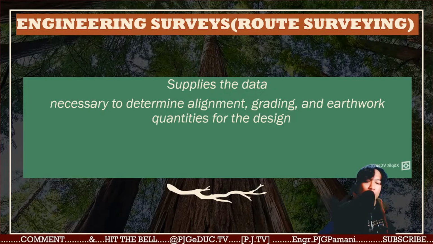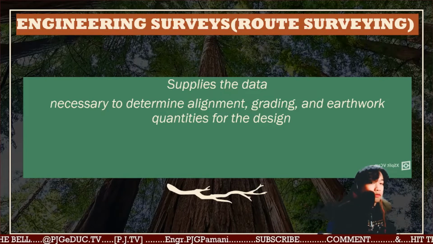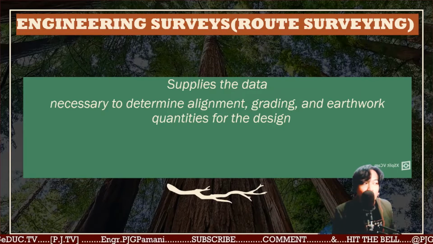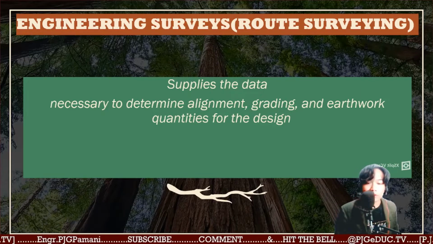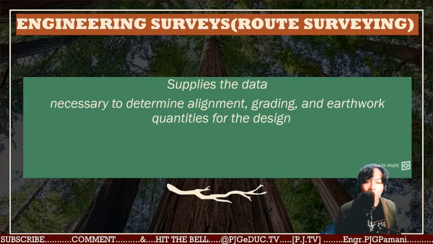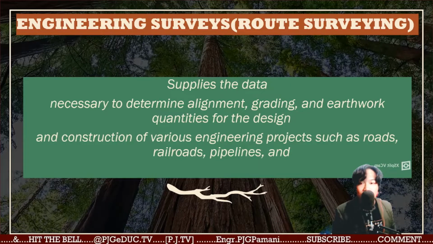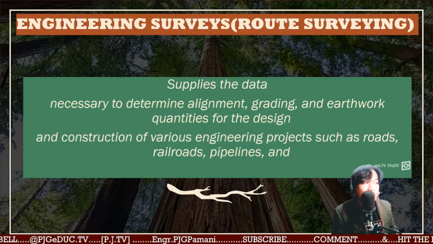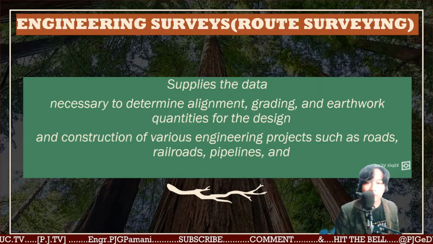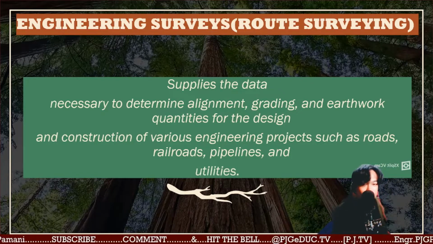In this type of surveying, we are able to identify the volume of earthworks we need to do during construction, and to quantify the design and construction of various engineering projects such as roads, railroads, pipelines, and utilities.